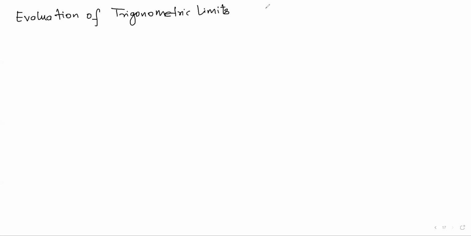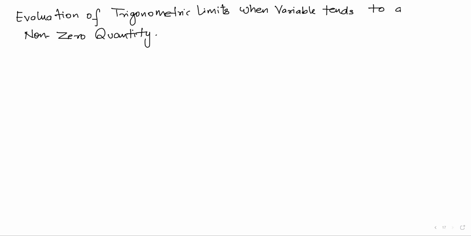Limits when variable tends to a non-zero quantity. ठीक है स्पर्श, फिर आपने जो कहा था कि अगर वो tends to 0 नहीं है then that is this type. So for example हमारे पास क्वेश्चन कैसे होगा, limit x tends to pi sin x by x minus pi. ठीक, we have this one.